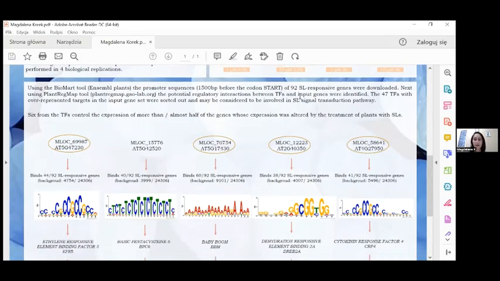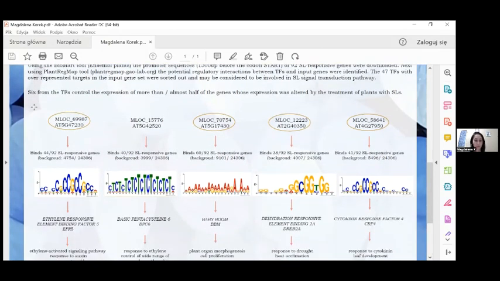Next, using the PlantRegMap tool, also an available online tool, the potential regulatory interactions between the transcription factors and the input genes were identified. Further, we were able to detect 47 transcription factors with overrepresented targets in the input genes, and these transcription factors may be considered to be involved in the strigolactone signal transduction pathway.